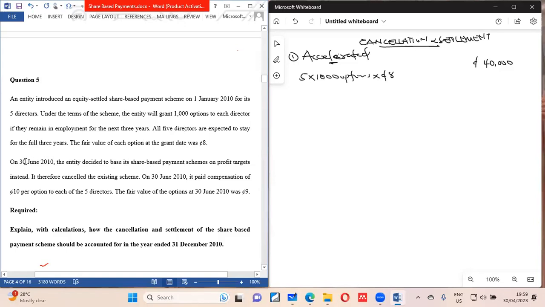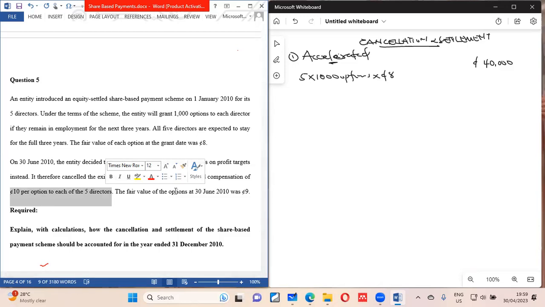It says that on June, the entity decided to make the thing based on the profit targets. It therefore canceled the scheme over here, and it paid a compensation of 10. So we will certainly come to the compensation that was paid. Okay, so first of all, let's take it step by step.